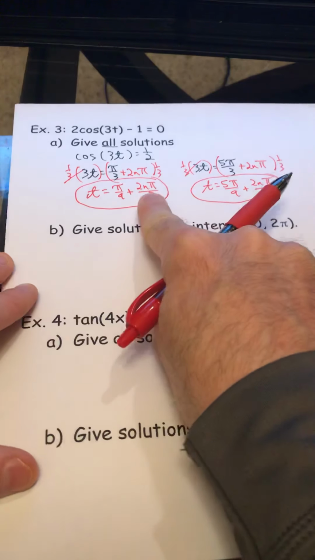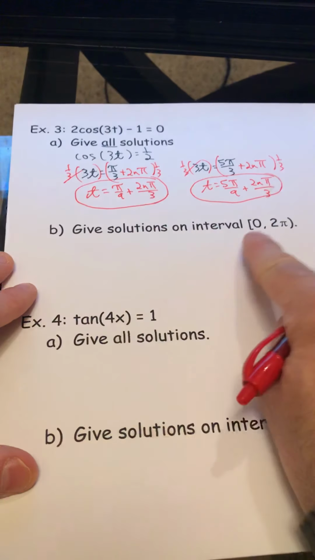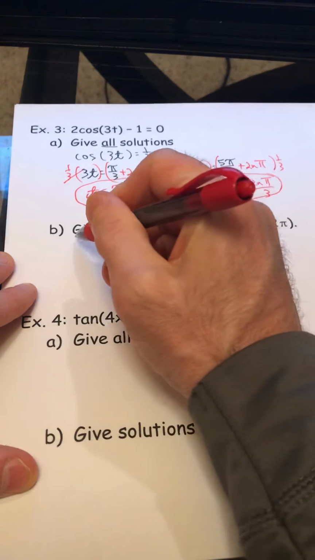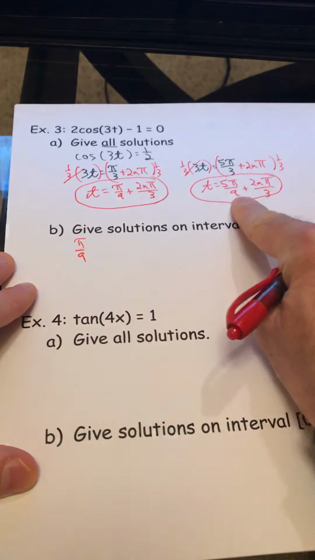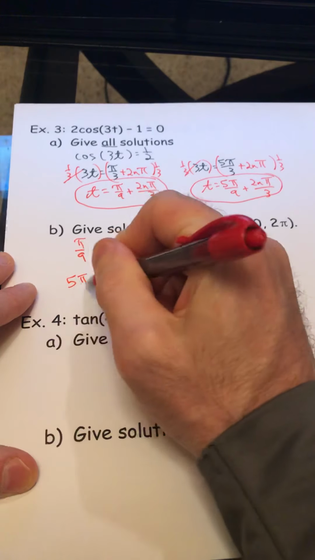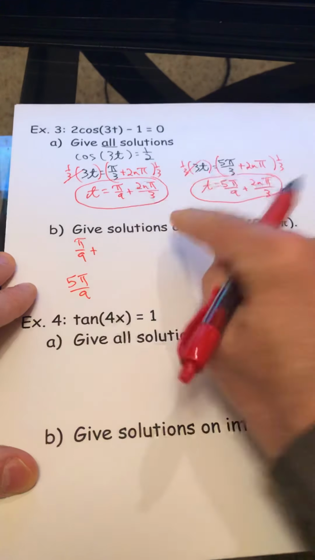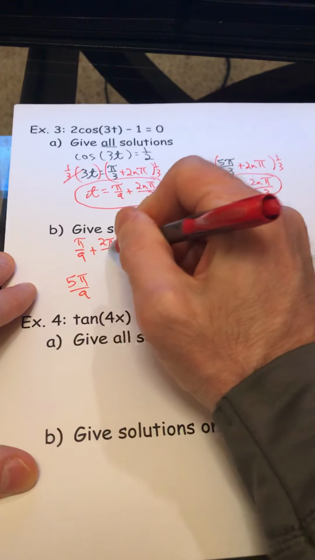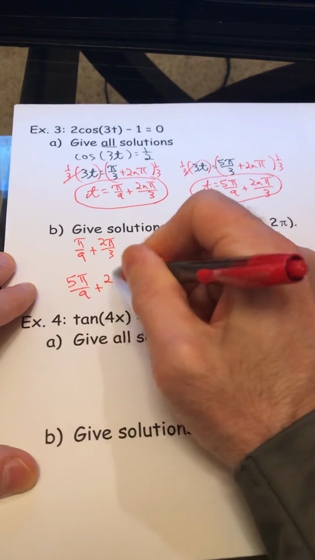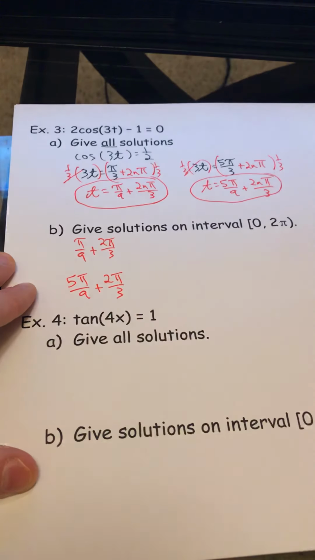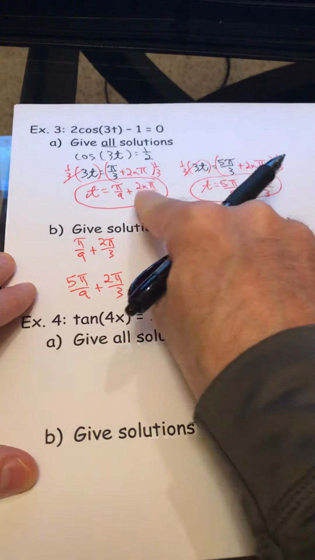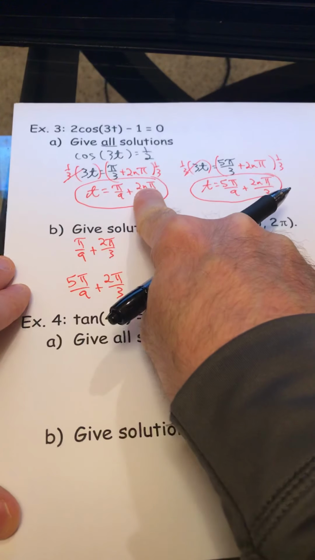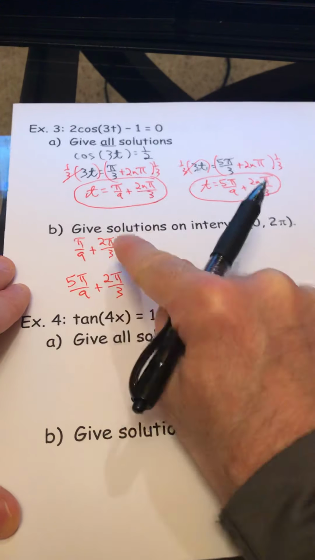So this is where basically to give all of these solutions on the interval 0 to 2 pi, well, we're going to start listing the two we just found. Then we are going to add 2 pi over 3, which is what this accounts for. Think of it as we are going to add in one interval here.